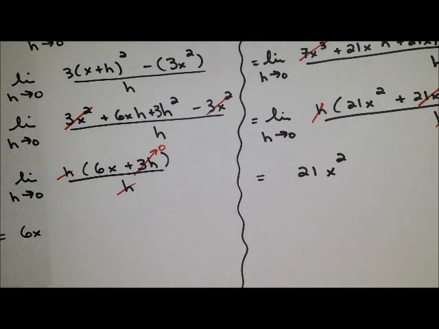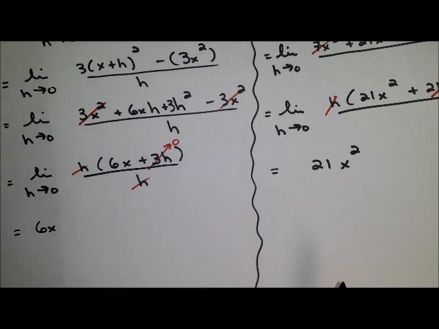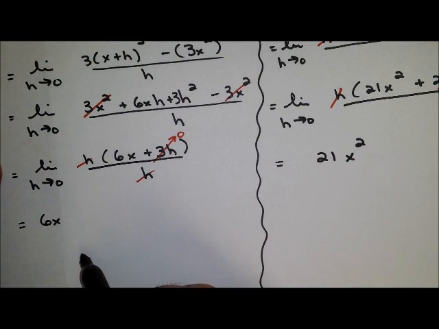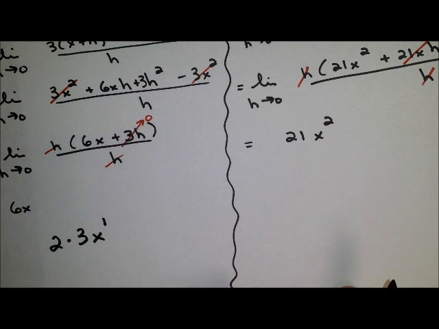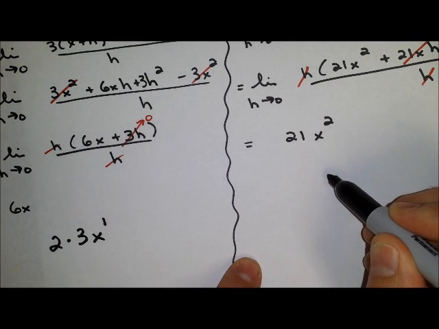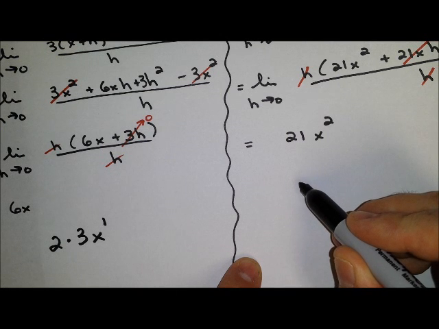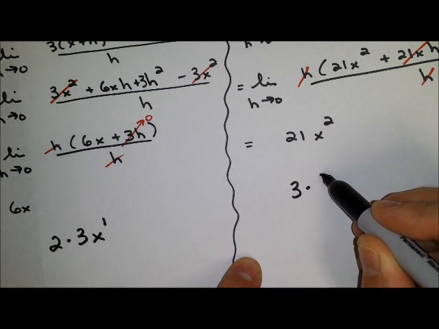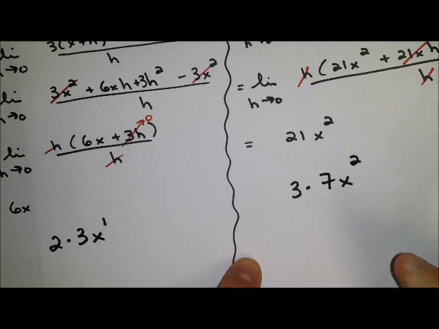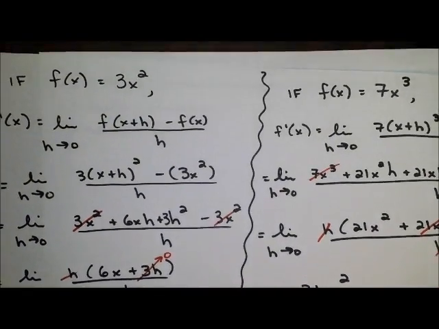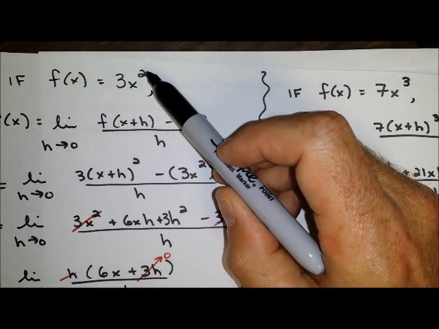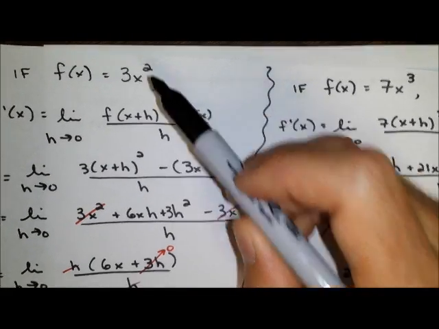Alright, so now let's take a look here. If I write these two slope values a little differently, instead of saying 6x, if I say this is 2 times 3x to the first power, and also if I take a look at this 21x squared and write this a little differently, if I say that this is 3 times 7x squared, and you compare these to the originals, it looks like this exponent has dropped by a degree.